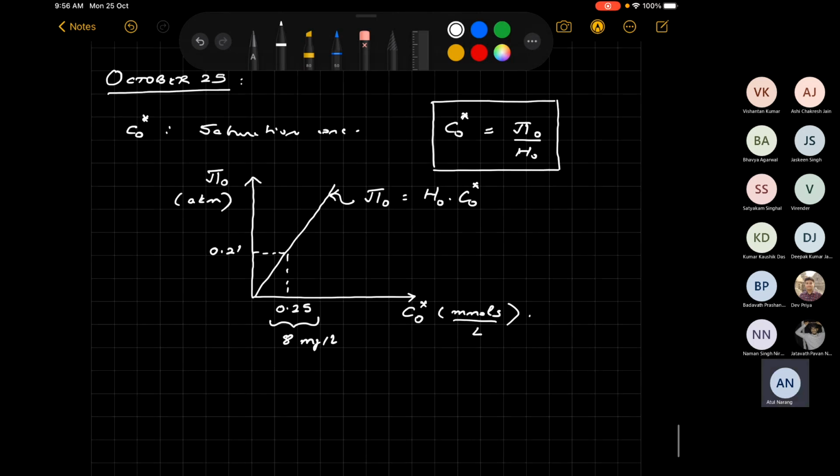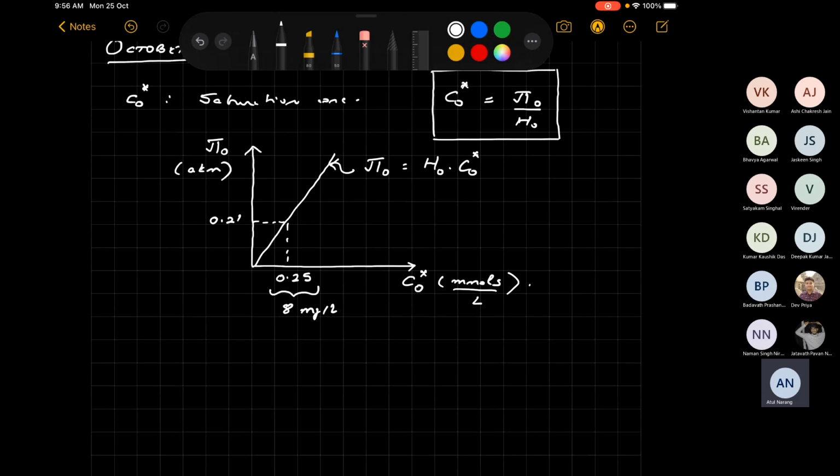I mean, you can see right away that if C_O* equals the partial pressure of oxygen divided by H_O, but of course, the partial pressure of oxygen is nothing but the mole fraction of oxygen multiplied by the total pressure, P total. So it becomes very clear that there are two ways of increasing C_O*.